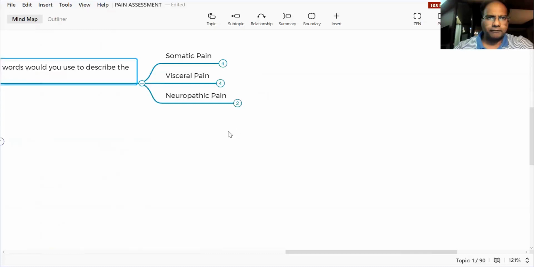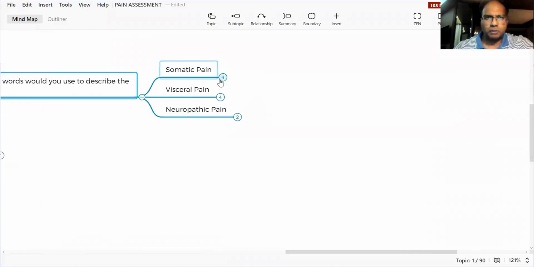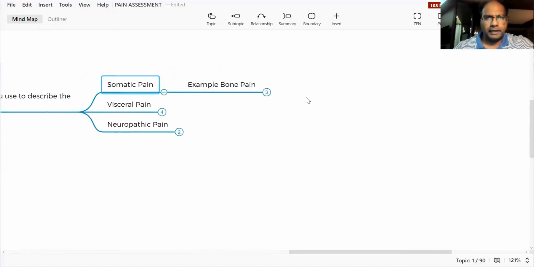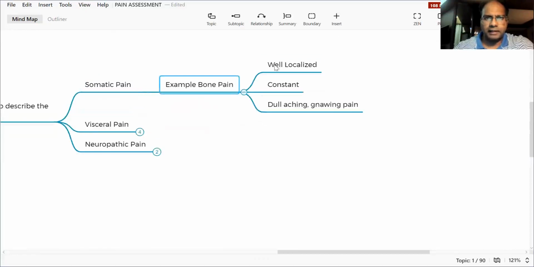The somatic pain presents like a bone pain, and it has three characteristics: it is well localized, it is constant, and it is dull, aching, and gnawing pain.